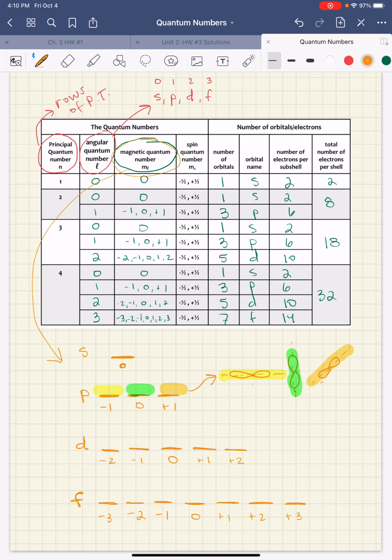All right. Now, since we know that we can have a maximum of 2 electrons in each of these orbitals, S can hold 2 electrons total. P can hold 6. D can hold 10. F can hold 14.